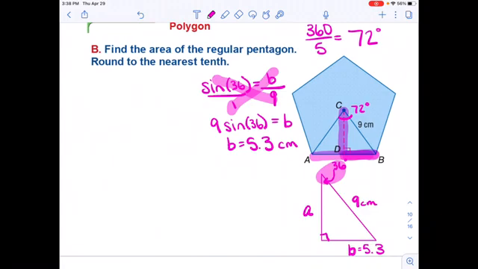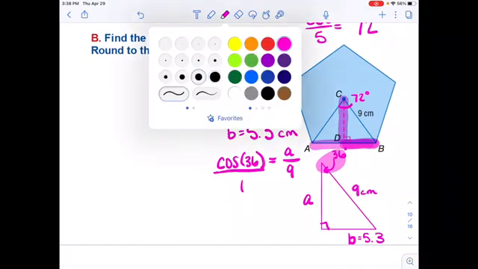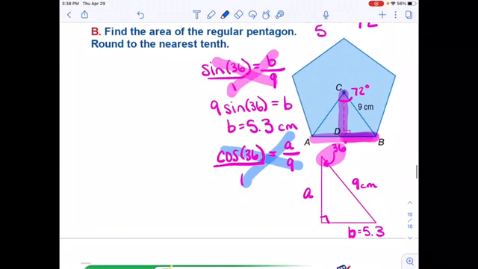I can set up a similar problem, but using cosine this time, to solve for my apothem. Now the A that I'm using here is not for adjacent necessarily, it's for apothem, so don't get that confused. I will cross multiply to solve. It really is a very similar problem.